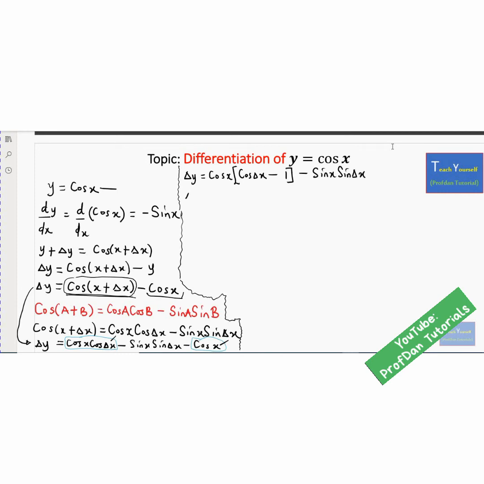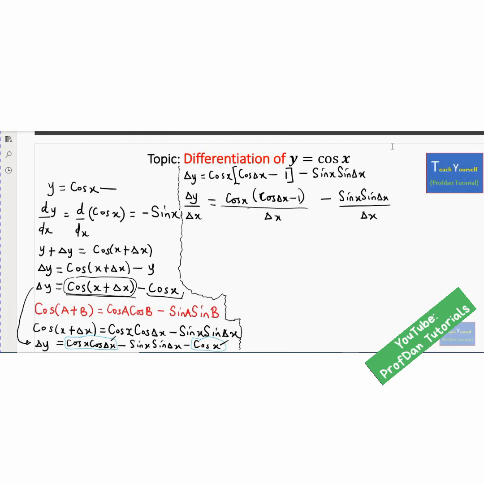The next thing to do is to divide by delta x on both sides, and that leaves you with cos delta x minus 1 over delta x, minus sine x sine delta x over delta x.